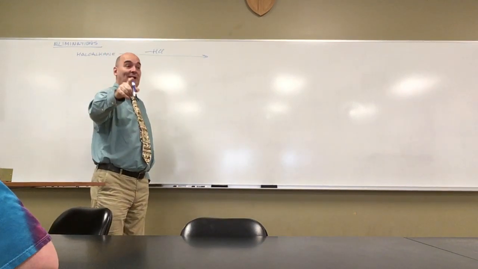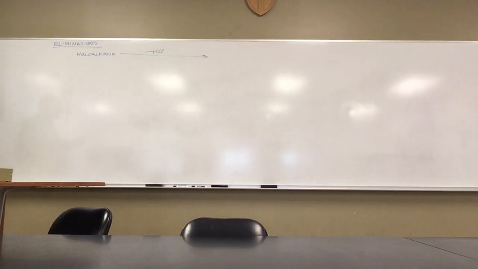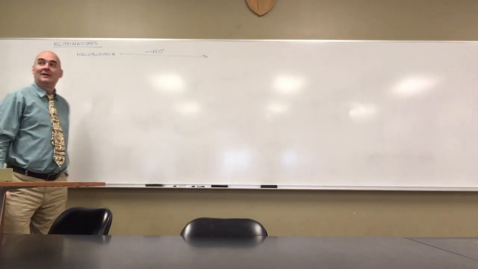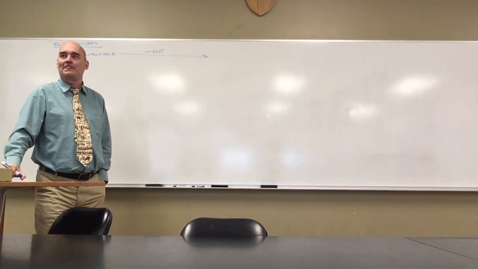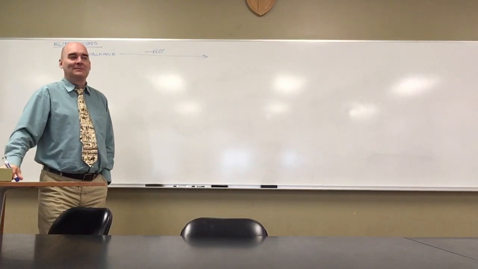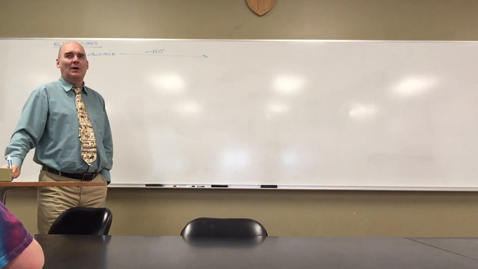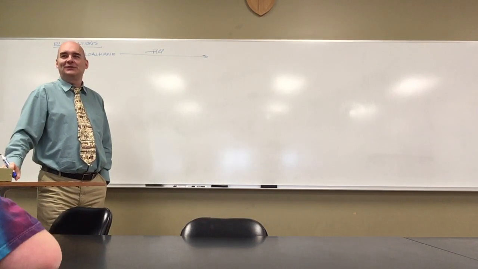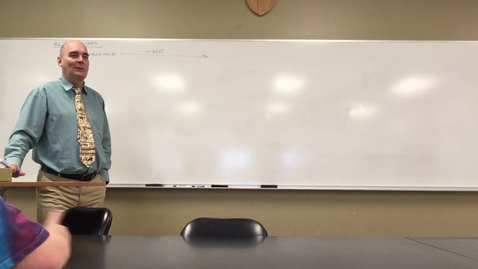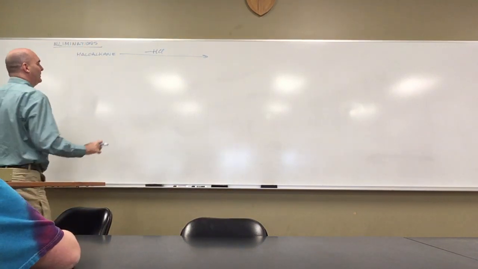Somebody asked me about HF the other day. The question was, why have we never seen any fluorines? I'm going to show you at the end why we never see any fluorines, but maybe not today.